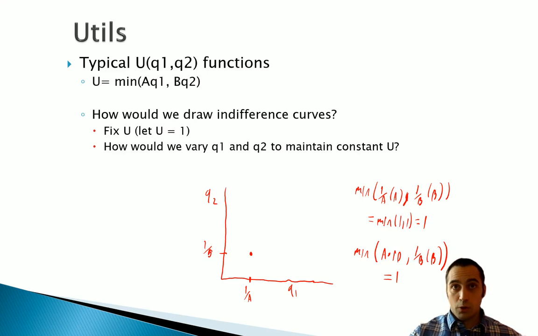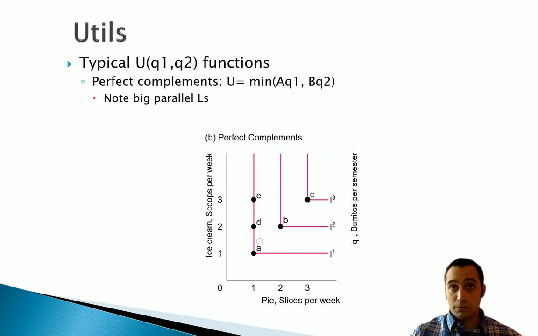So you'll note as we increase our quantities of q1, we still stay on the utility equals 1 line. And the same can be said for if we increase our quantity of q2. So in this way, we will trace out these big L shapes like we saw before with perfect complements. That is, we have these vertices, which give us the minimum quantity for any utility. And then if we increase in either direction alone, we stay at the same amount of utility we had before.